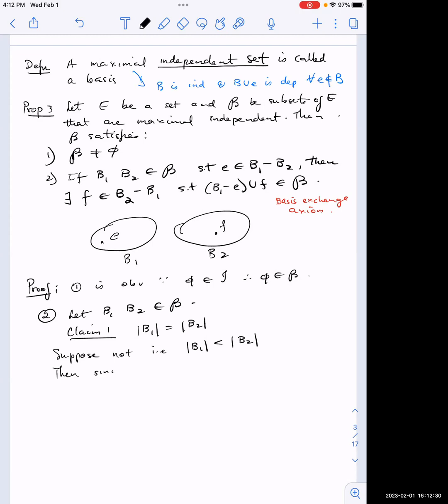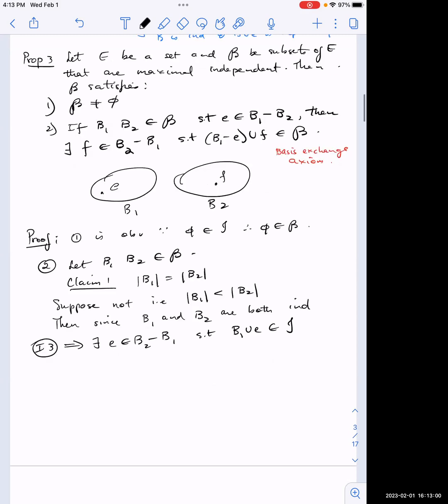Then since B1 and B2 are both independent, independence axiom 3 implies there is an E in B2 minus B1 such that B1 union E is also independent. That is, B1 can be grown by the independence axiom 3. So this is a contradiction to the maximality of B1.